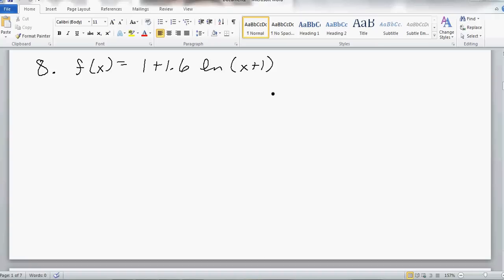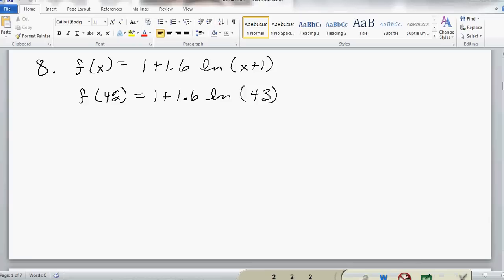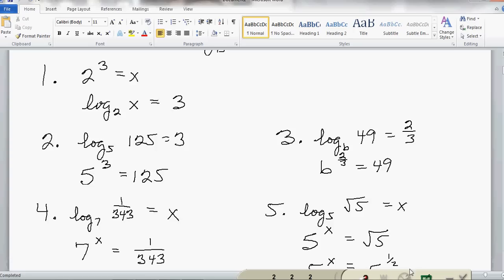Well, since X represents the number of consecutive days that he's played, and he's done 42 days, all we have to do is find F of 42. And so this becomes 1 plus 1.6 times the natural log of 43. And then it's just a matter of punching this into the calculator to show how to do each one of these.